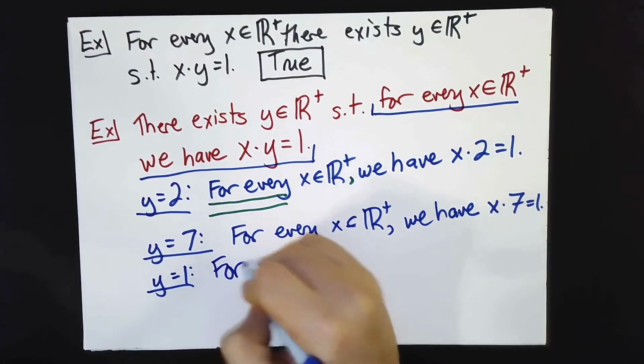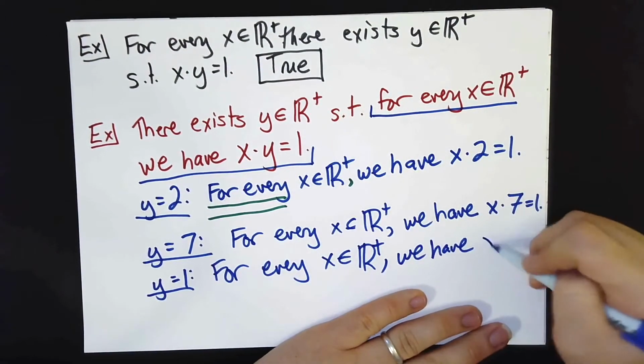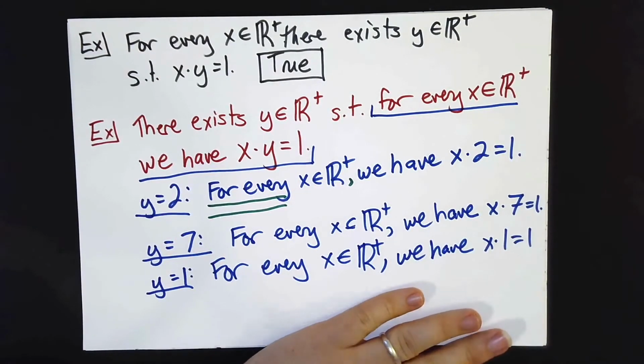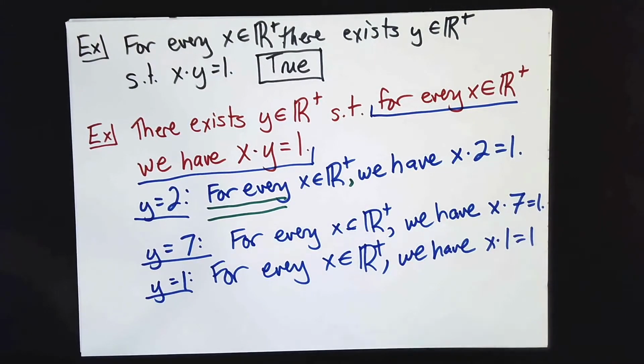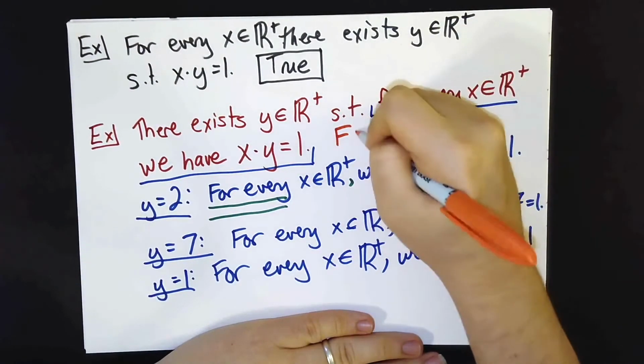Maybe that works out. But this would say, for every x in R+, we have x times 1 equals 1. Not so much, right? This is basically saying all positive real numbers are 1. Definitely not true. And so our conclusion here is that this statement that we started with is false.